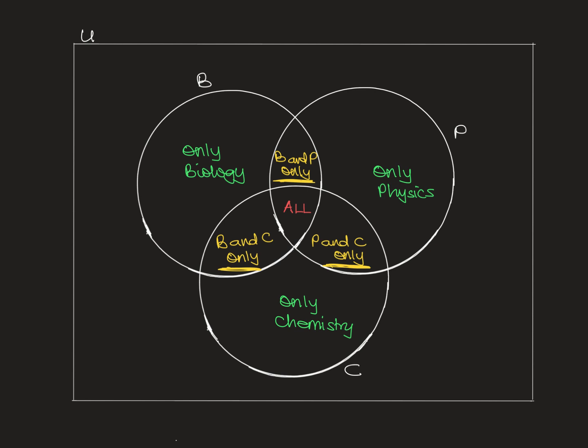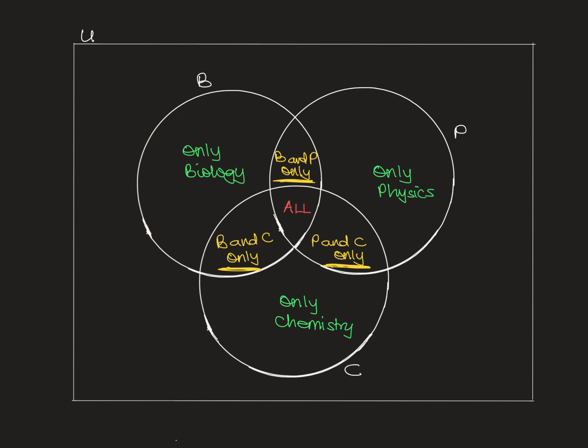If I say the number of students studying biology, you should be very careful, because this statement is different from the number of students studying only biology. Please be careful. The number of students studying biology will be the whole of this circle.